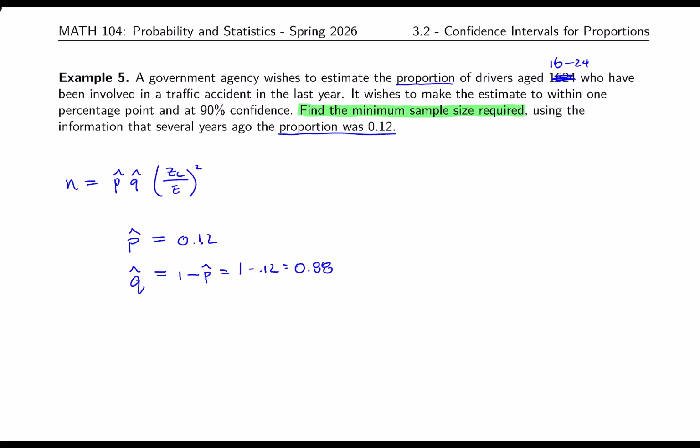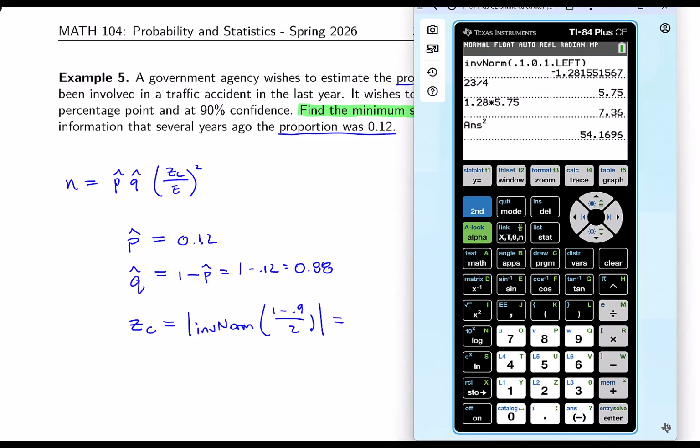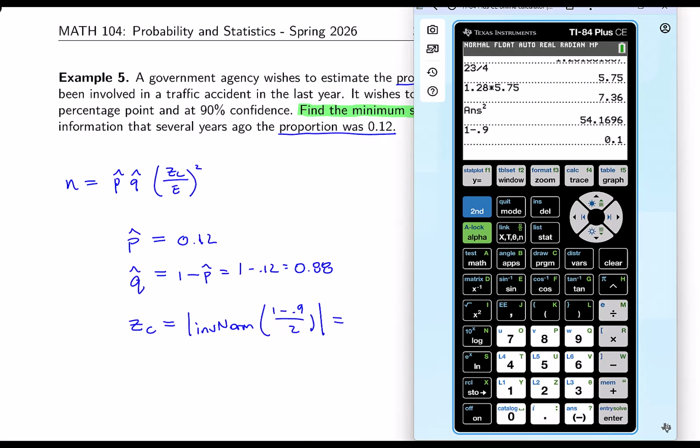Okay. z sub c, that's no big deal because we would be using the same formula for the critical value here that we've been using. It's the absolute value of the inverse norm, 1 minus our level of confidence, which is 0.9, over 2. So 1 minus 0.9 over 2 is 0.05.